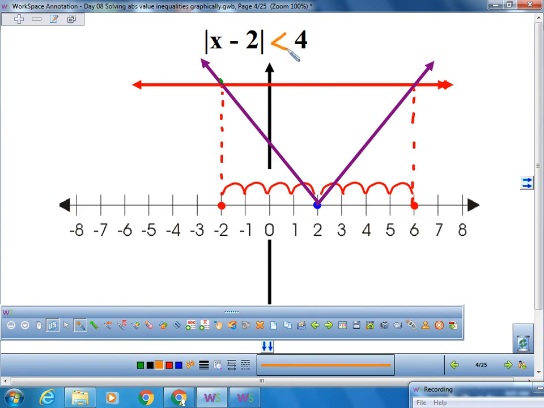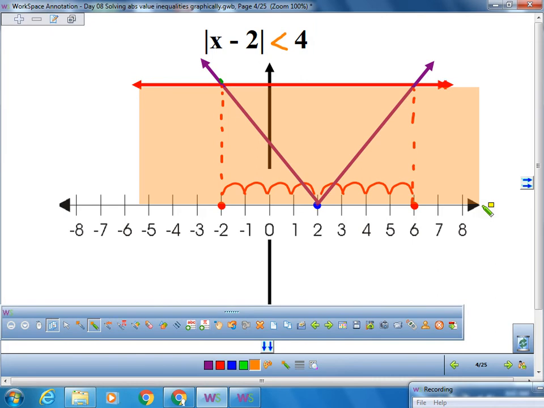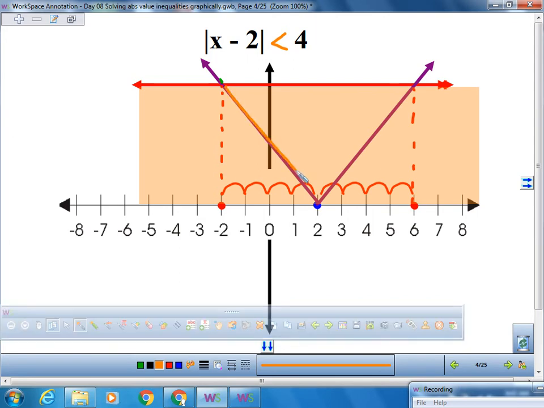So where is the absolute value v graph less than the line? It's below it. Well, what are all the values on the number line that are below? Isn't that here on my graph? All of these values are all below.